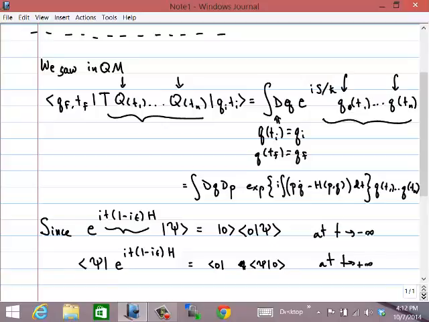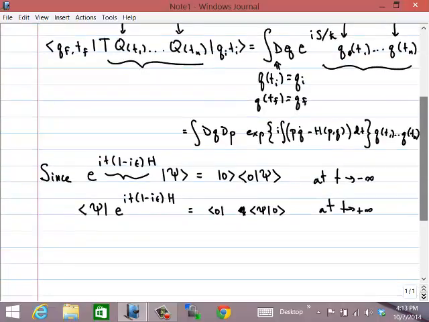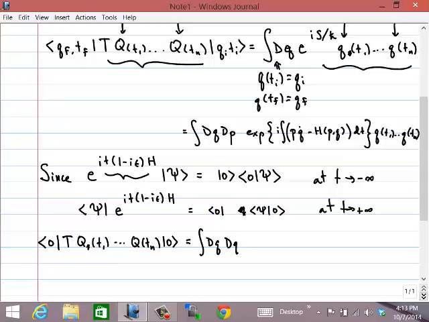So if you're interested in studying the correlation functions of some set of operators in the vacuum, and you take t initial to minus infinity and t final to plus infinity, we can compute the vacuum time-ordered expectation value simply by performing this analogous path integral, except with the replacement that the Hamiltonian is replaced by 1 minus i epsilon times the Hamiltonian.